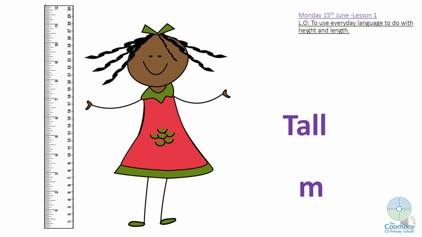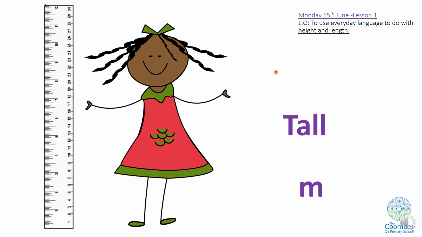So examples of things that are tall, or that we would use the word tall for, is people, buildings, cars, doors, tables, things like that. Anything that goes upwards. It's hard to work out which one to use, whether to use long or tall, but as you go through the year you will work out which is the better term to use.